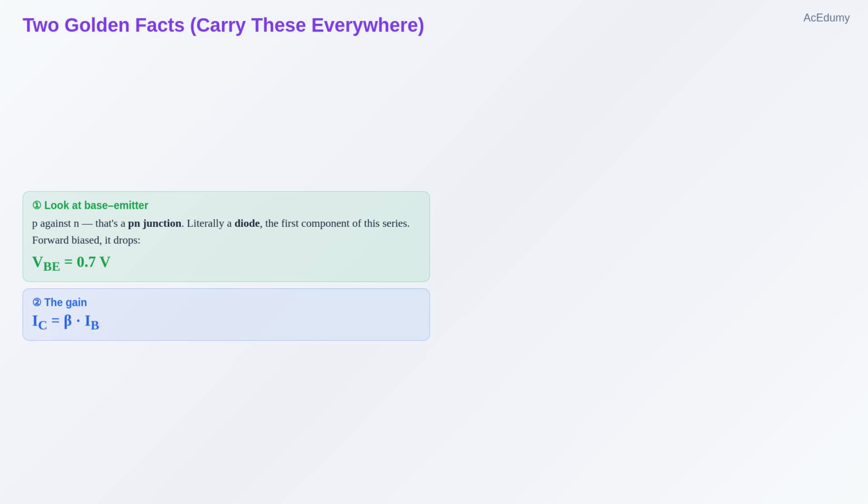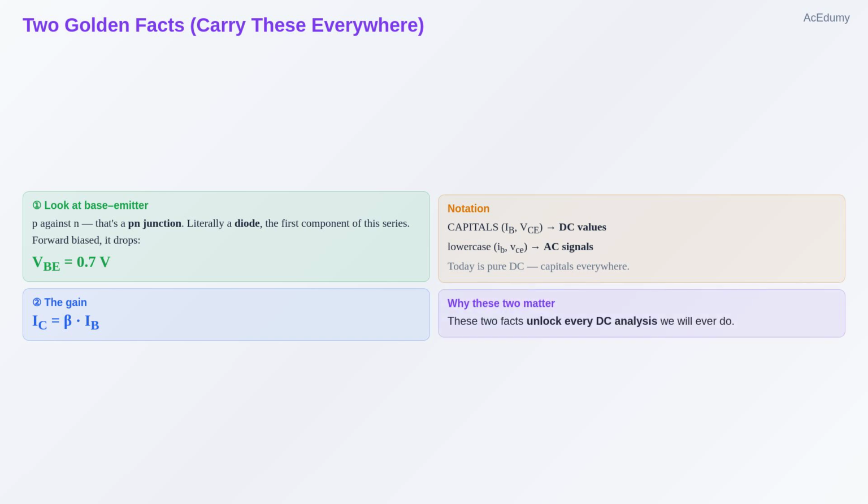So V sub BE equals 0.7 volts, always our entry key. Fact 2, you have already met. I sub C equals beta times I sub B. One small notation note. Capital letters like I sub B and V sub CE mean DC values. Lowercase letters mean AC signals. Today is pure DC, so capitals everywhere.